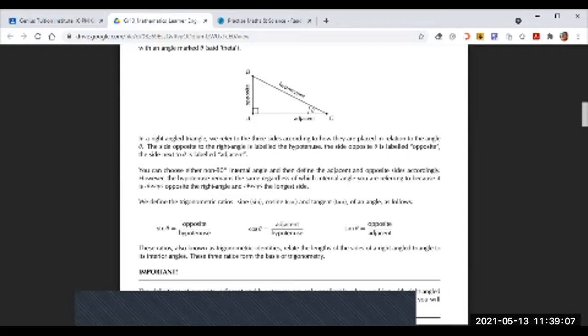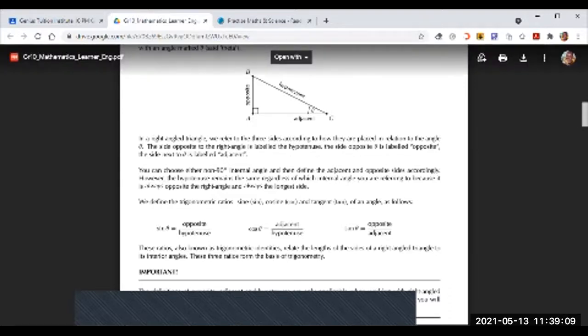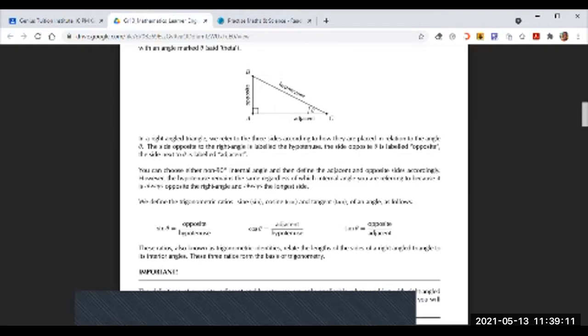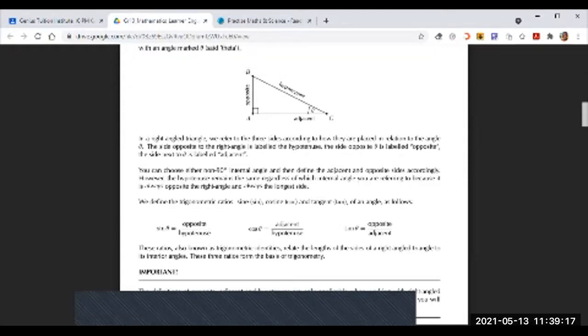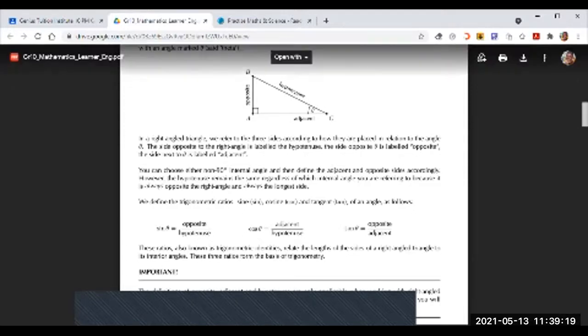Now, these are abbreviations, guys. So what is sine? Sin or sine is always a ratio. The ratio is always opposite over hypotenuse. It's opposite, which is AB, over hypotenuse. Hypotenuse is BC. Now, the ratio of sin of this angle is this over that.